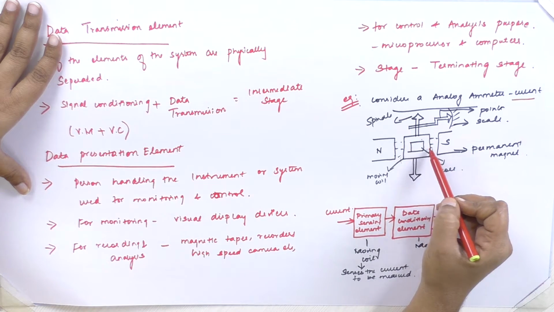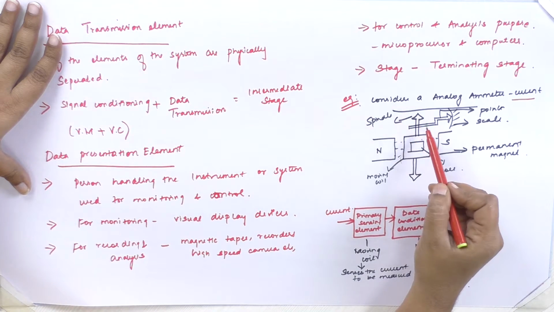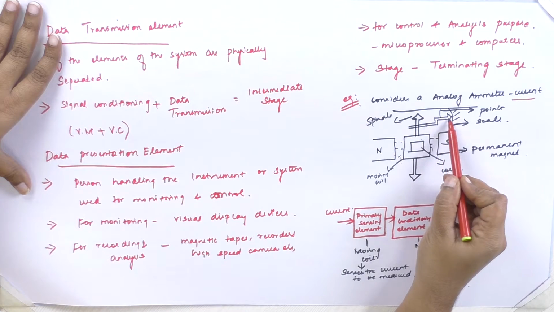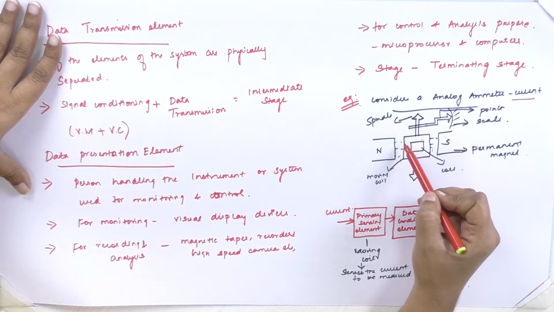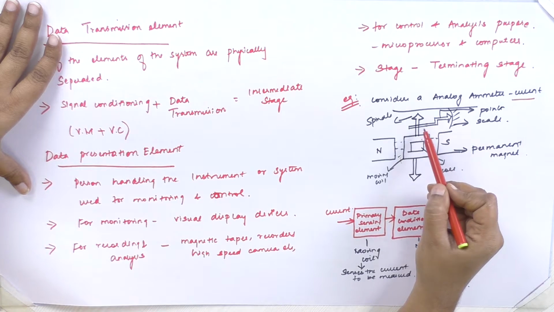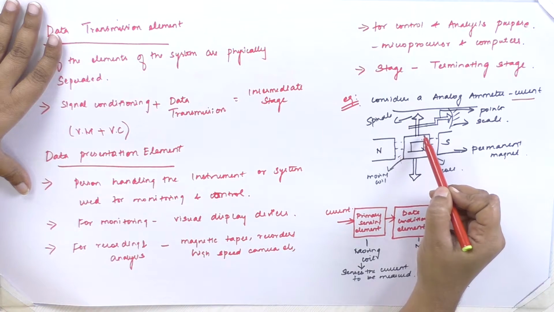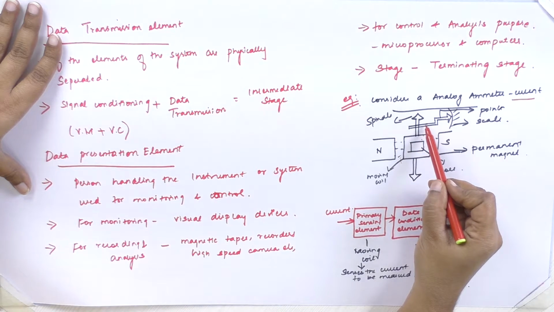How? The moving coil rotates. Along with the moving coil, the spindle also rotates. Along with the spindle, the pointer also moves. So, the force in the coil will be transmitted to the pointer with the help of this spindle, which acts as a mechanical linkage between the coil and the pointer.